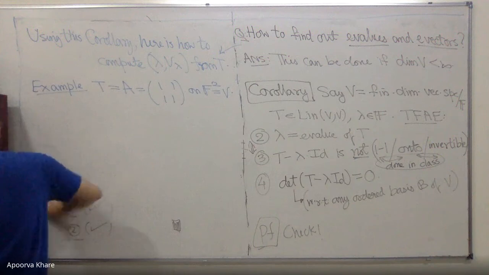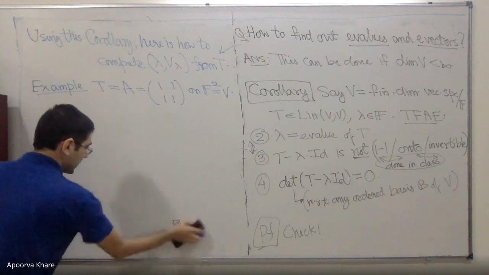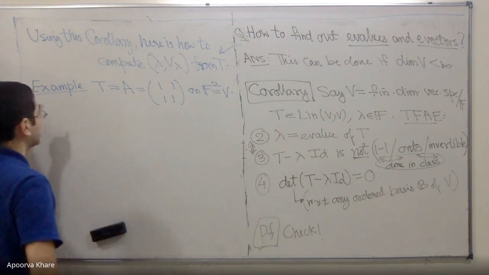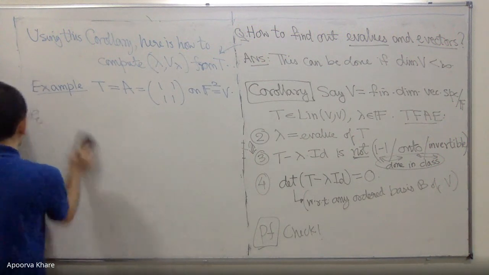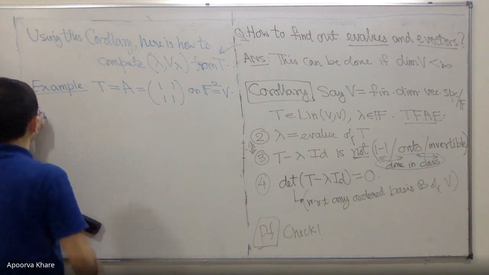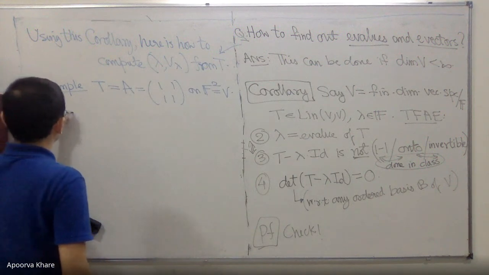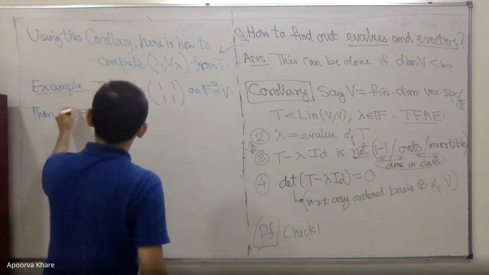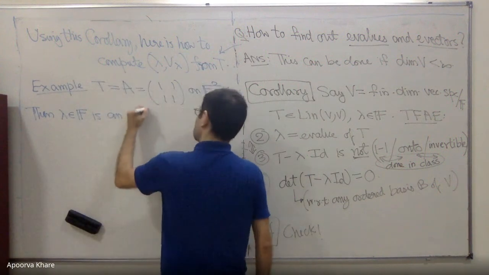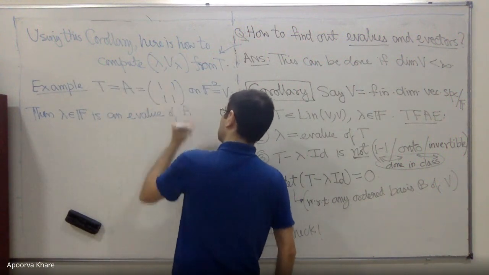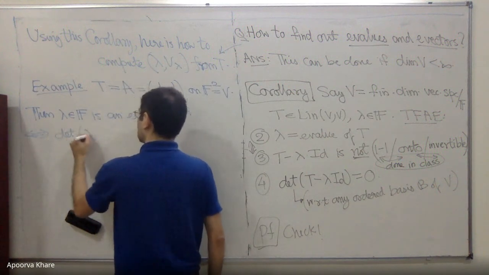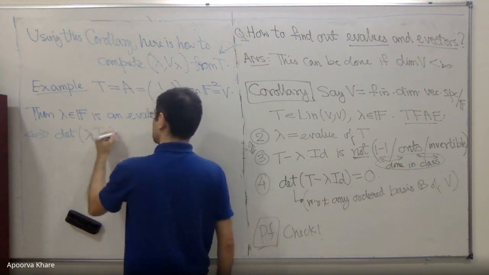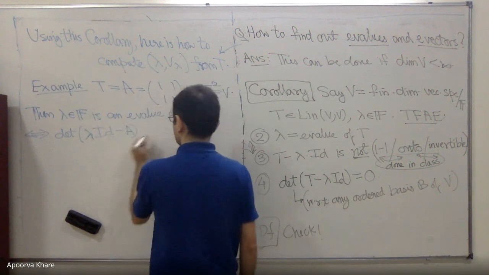Except now, for whatever algebraic reason, I will use lambda identity minus T. So now lambda is a scalar. Lambda belongs to F is an eigenvalue of A if and only if the determinant of lambda identity minus A is 0.